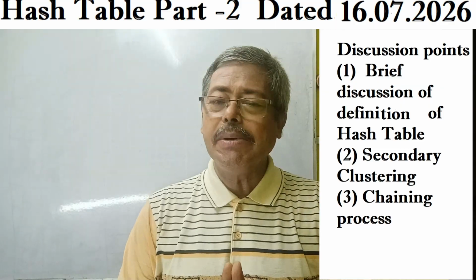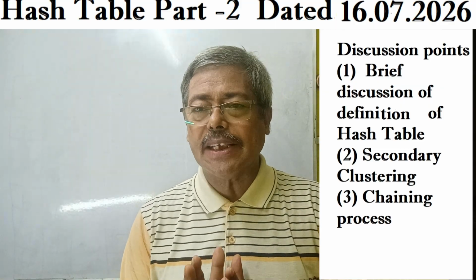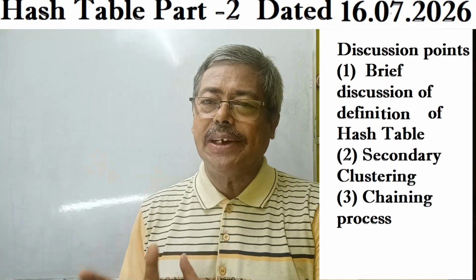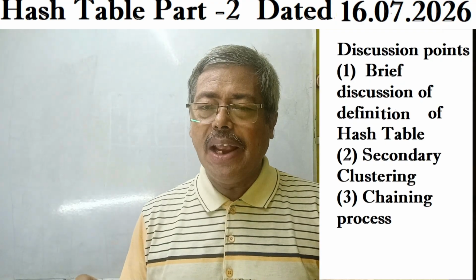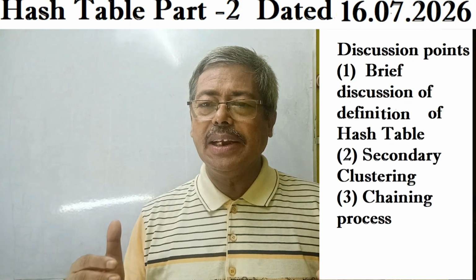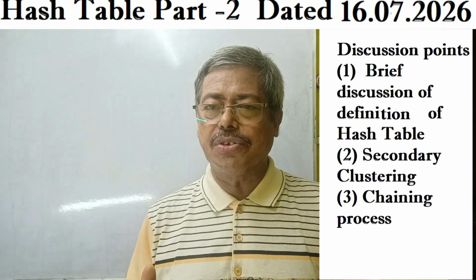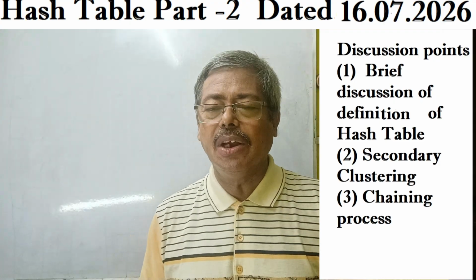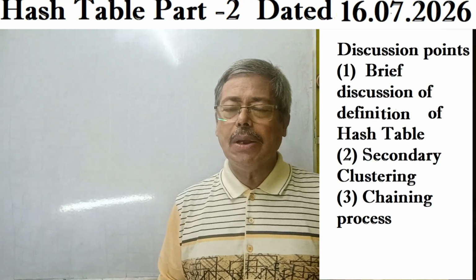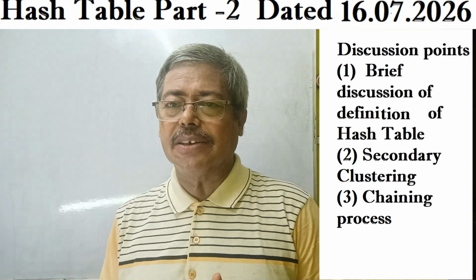We know a hash table is a linear data structure. A hash table is used to store data at a specific bucket and to access data. That is the primary reason to use a hash table. As a data structure, we have already discussed the hash table details, as a primary data structure and secondary data structure also.